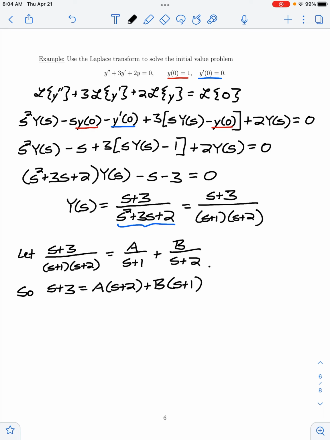And there's a number of ways I could go about solving for A and B here. One simple way would be to substitute particular values of s into this equation.